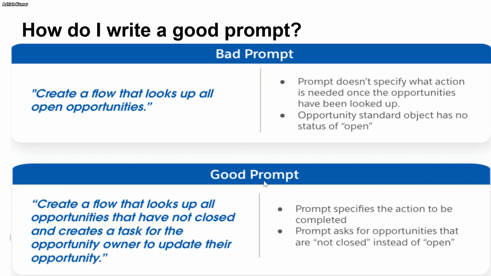Not closed means it can be in any condition like negotiation or customer pending. So the business wants that whenever an opportunity is not closed, you can create a task for the opportunity owner and they can update their opportunity status.